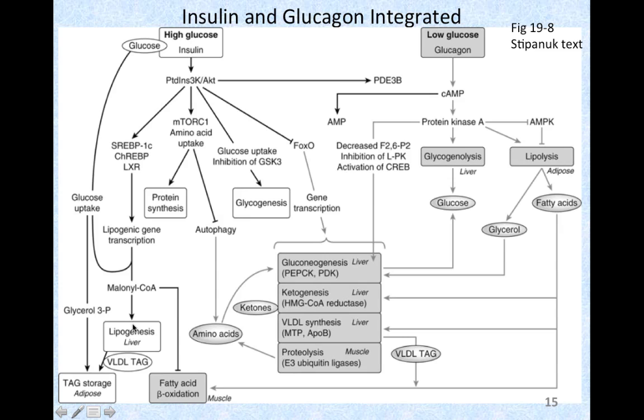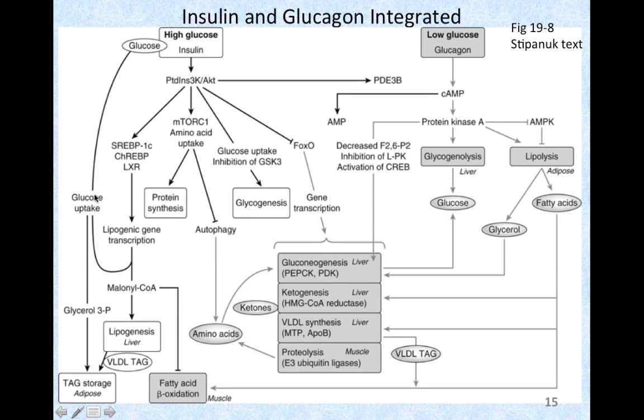Those fatty acids can be converted to become part of triglycerides, which are packaged in VLDL in the liver, and those VLDL transport the triglycerides to storage in adipose tissue. So again, that high glucose and insulin can stimulate hepatic lipogenesis and storage in other tissues. Glucose uptake goes up.